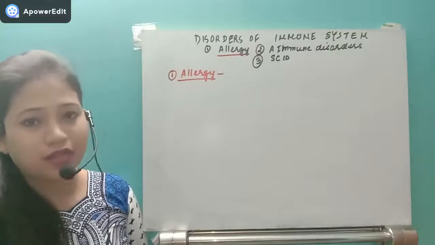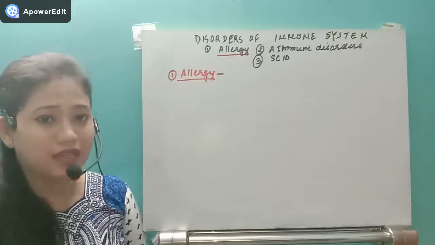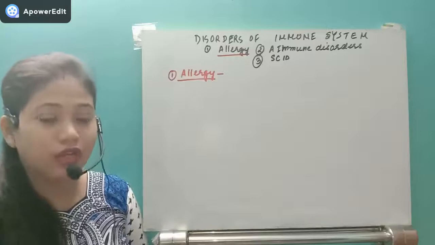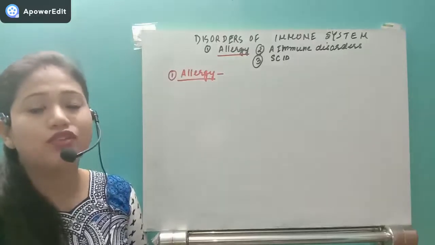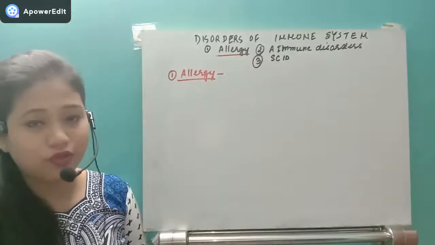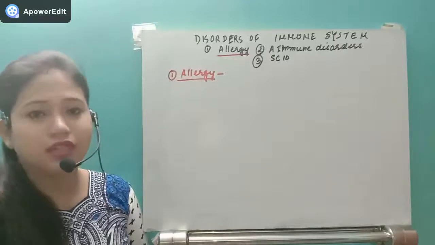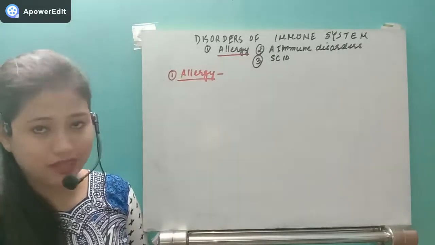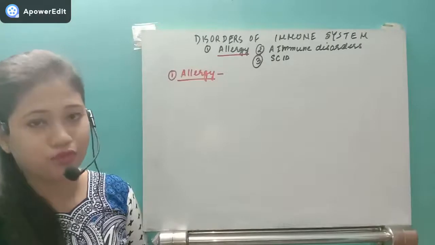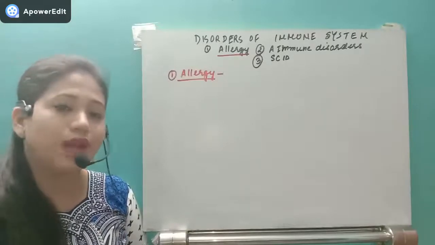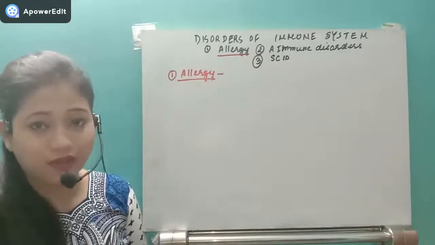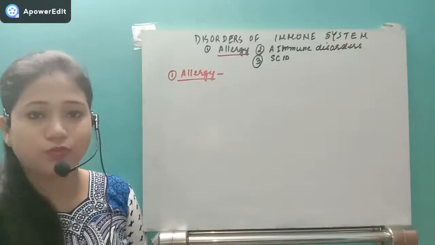Some type of particle, if it enters, then our body will start to develop an immune response. We know that in the immune response part we have discussed two types of immune responses: the primary immune response and the secondary immune response.